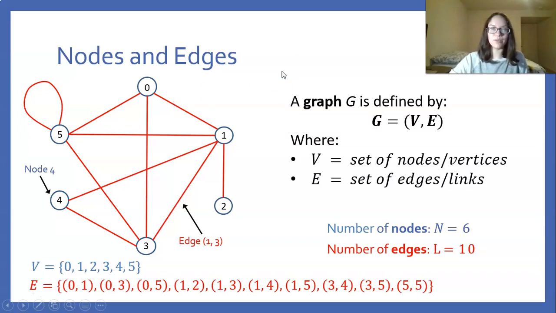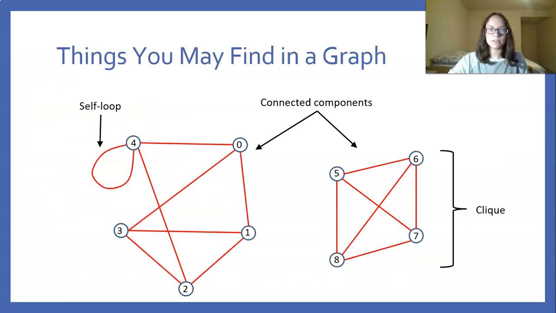In other places it might not be appropriate, but you can create it if you like. Like I just mentioned, self loops are just an edge from a node to itself. I have down here a clique. A clique in a graph is a subset of nodes that are all connected to each other.